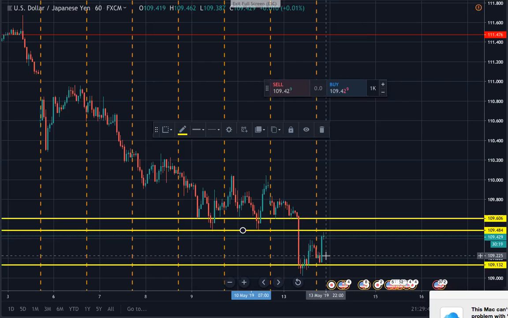Knowing what trend it is. See, right now it's a downtrend on the hourly, but it could be about to reverse.